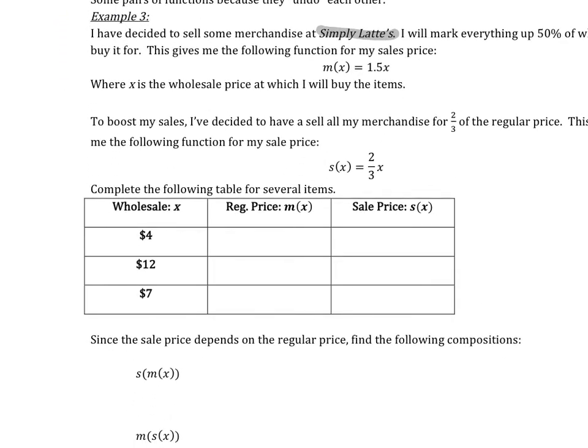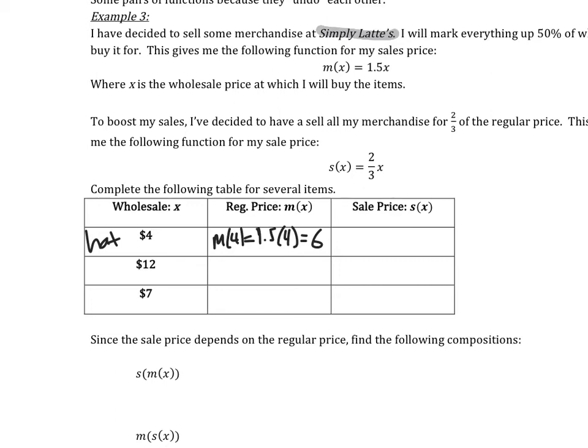Maybe I have a beanie cap, or a hat, for $4. I buy it for $4. That's the wholesale price. Well, if I bought that hat for $4, what am I usually going to sell it for? My M of 4 is going to be 1.5 times 4, which is $6.